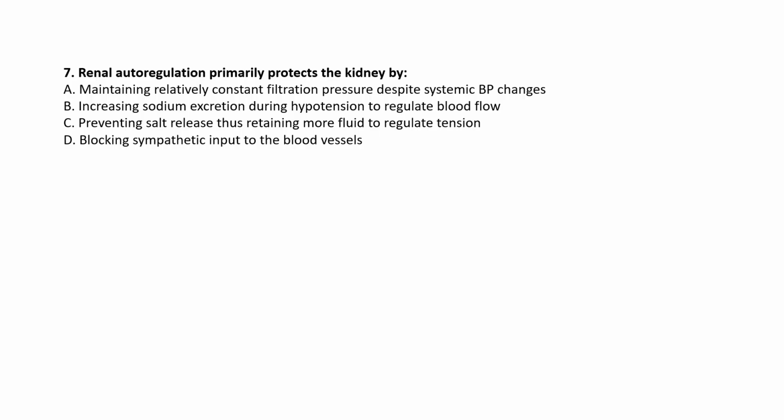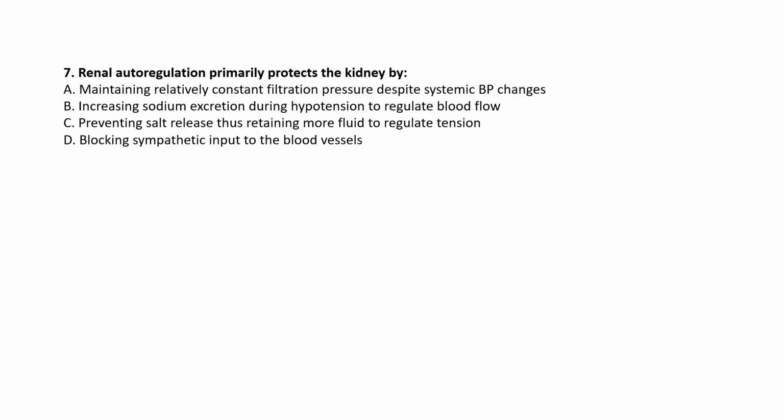So option A is correct, as said by you guys, which is maintaining relatively constant filtration pressure despite any systemic BP changes. It was mentioned by the professor in your coursework earlier that while all of these different hemodynamic mechanisms are changing the tissue pressure in different tissues, based on if you're running or walking or sitting or sleeping, you have different BP changes and adaptations.